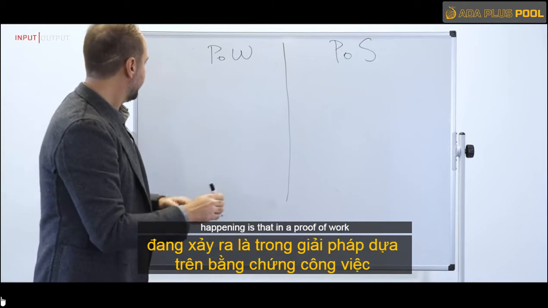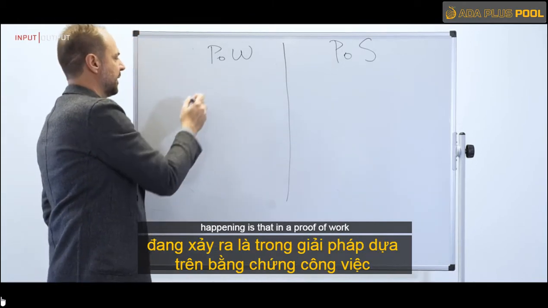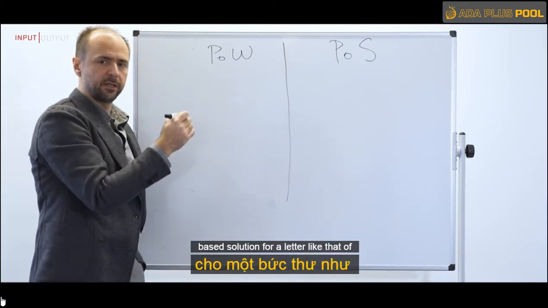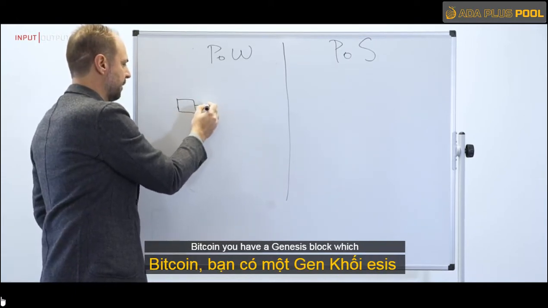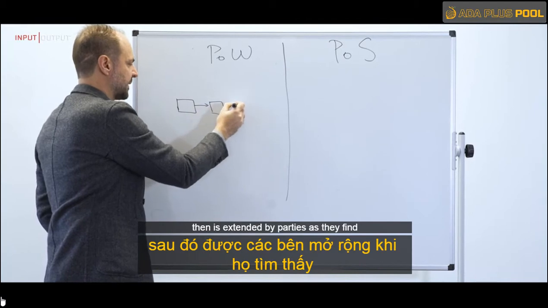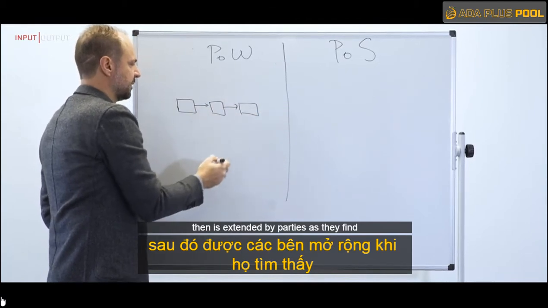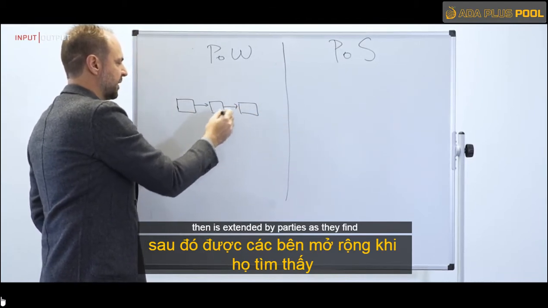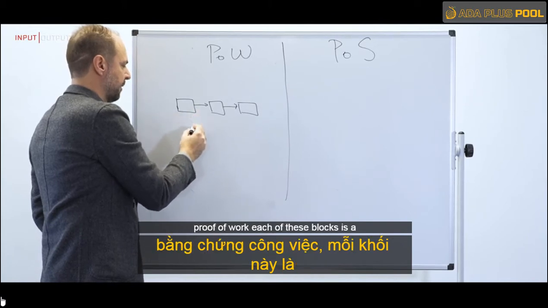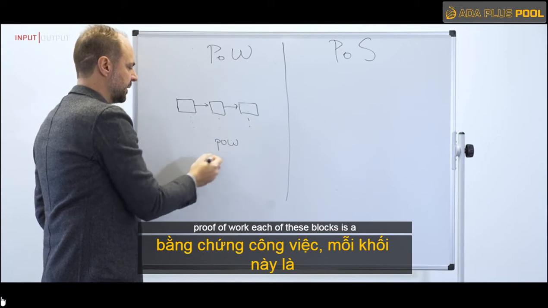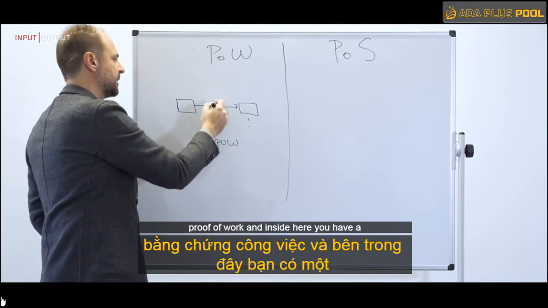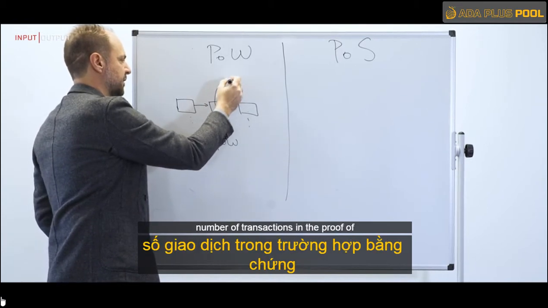So in a proof of work based solution for a ledger like that of Bitcoin, you have a genesis block which then is extended by parties as they find proof of work. Each of these blocks is a proof of work, and inside here you have a number of transactions.